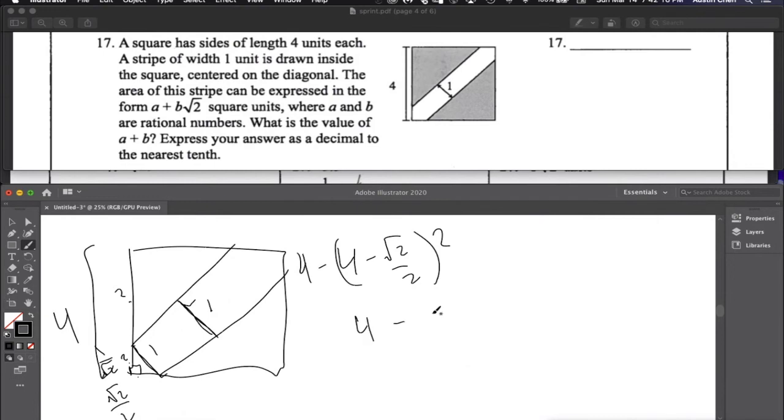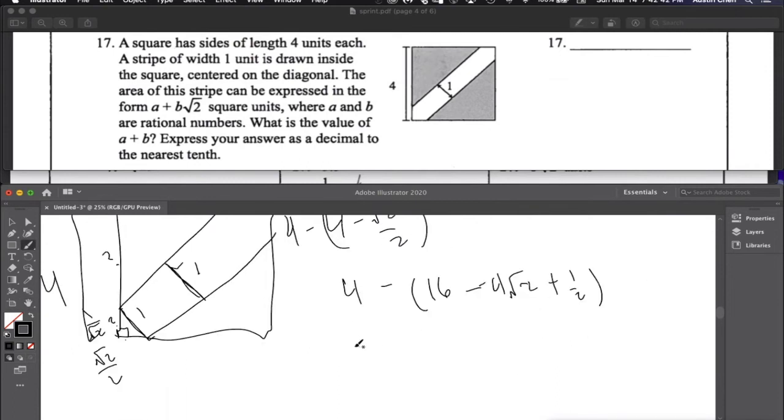So then this is 4 minus 16. And then we have minus root 2 over 2 times 4 times 2, which is 4 root 2. And then we square minus root 2 over 2, so that's plus 1/2. And then we have negative 12 plus 1/2 minus 4 root 2.